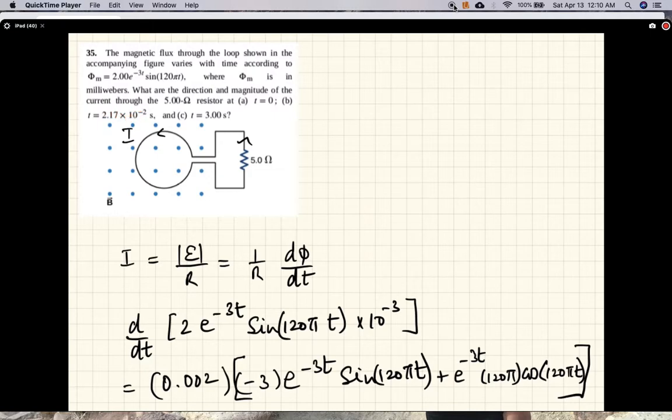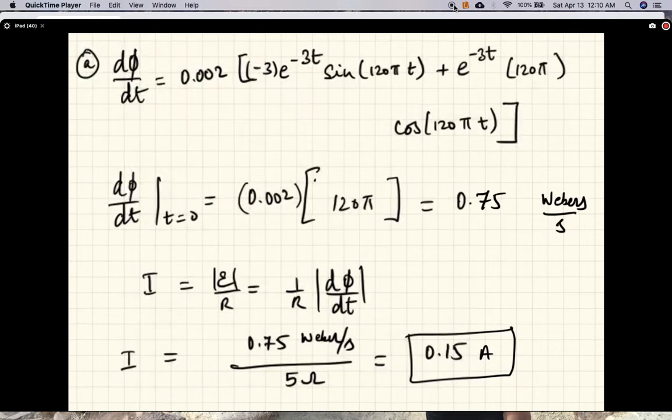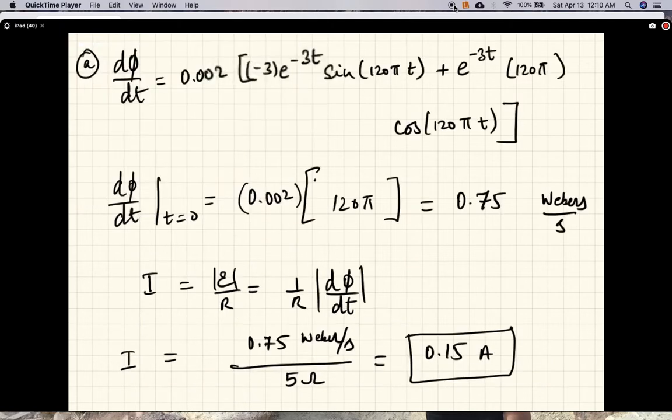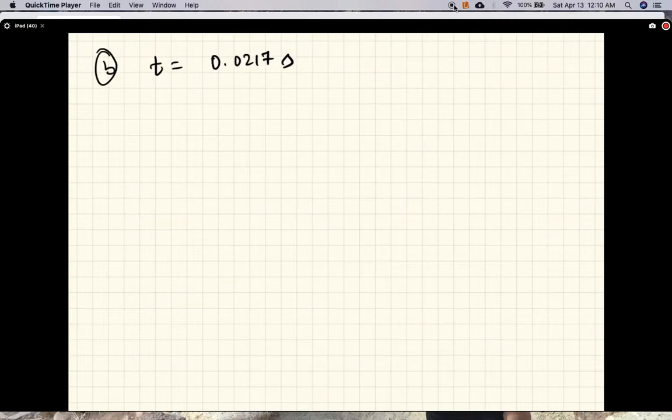It looks strange, but let's see what's going on. Part B, t equal to 0.0217 seconds. Yep, 217 milliseconds later.